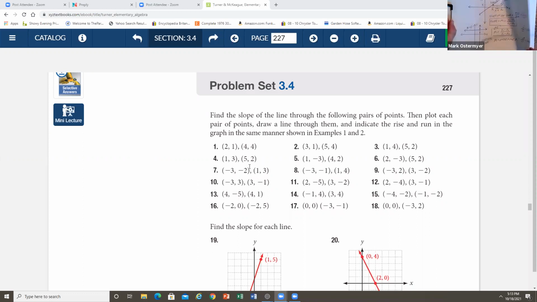Okay. So let's look at number 2. They give you 2 points that are on a line, and they want you to find the slope of the line, or compute the slope.